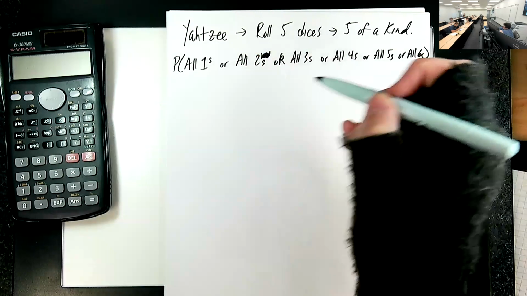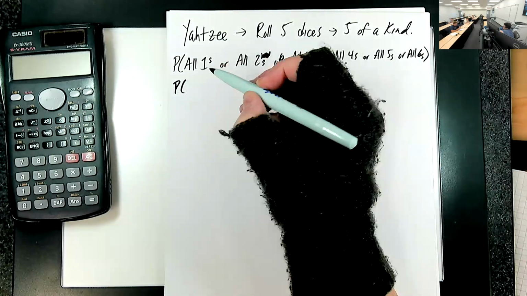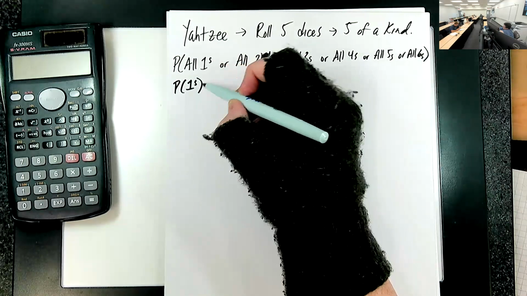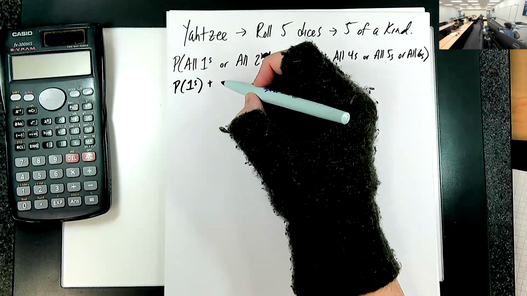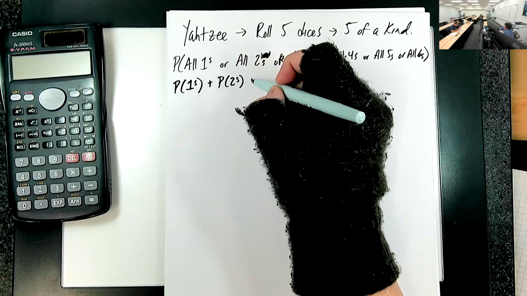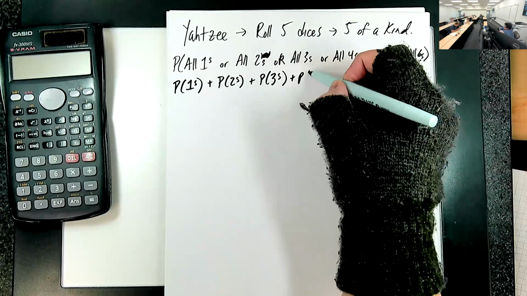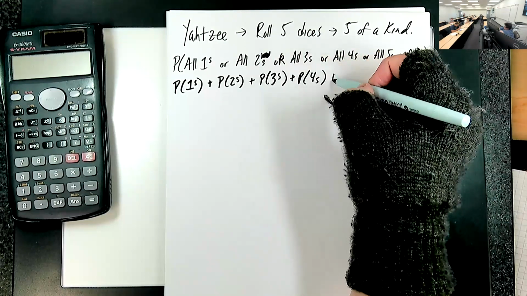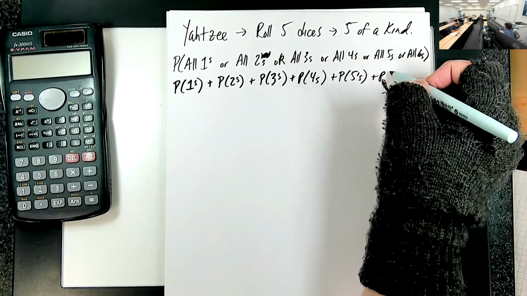So the ors, remember the ors turn into pluses. So instead of writing all, I'm going to get rid of the all and say this is the same as probability of 1s, plus the probability of 2s, plus the probability of 3s, plus the probability of 4s, plus the probability of 5s, plus the probability of 6s.